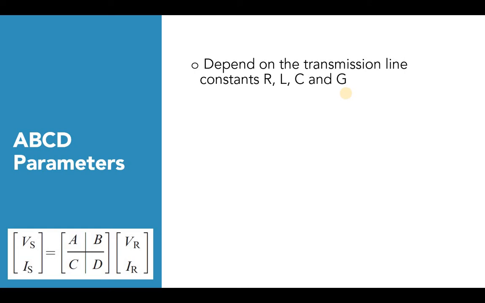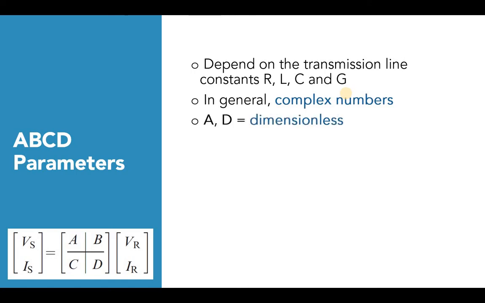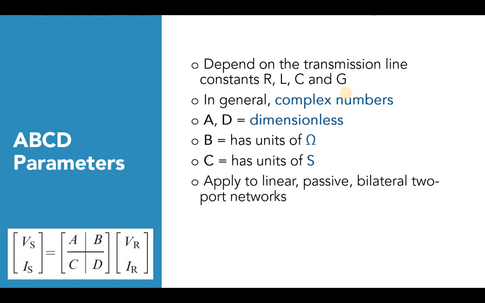In general, these parameters are complex numbers, wherein A and D are dimensionless, B has a unit of ohm, and C has a unit of Siemens. These parameters apply to linear, passive, bilateral two-port networks, and they follow this identity: AD minus BC is equal to 1. Every transmission line, short, medium, and long, has ABCD parameters.